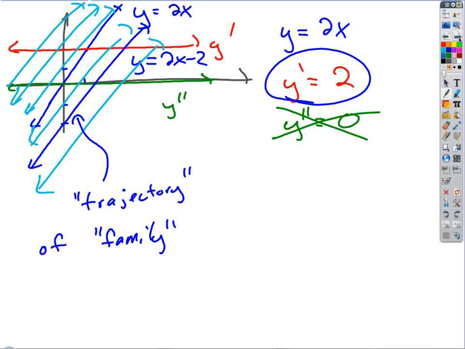There are an infinite number of other lines in the family, but they're all going to be different sets of points. So now, given that, how could I specify one of those lines as opposed to all the other infinite brethren in that family?